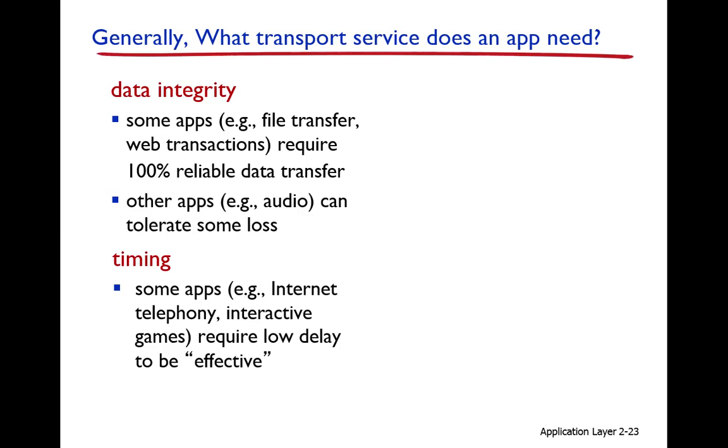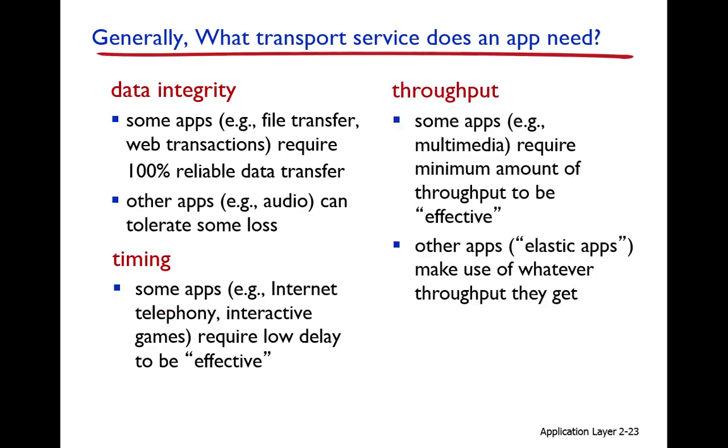Some applications want timing. For example, they want that the message should be received within 1 minute or within 1 second. Some applications have a timing requirement, some don't. For example, if you are downloading a file, whether it is downloaded in 10 seconds or 15 seconds doesn't matter.